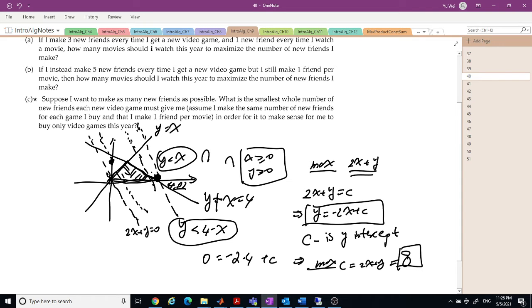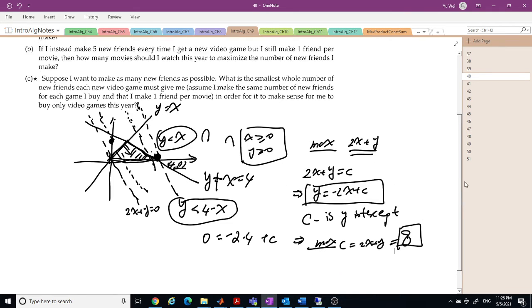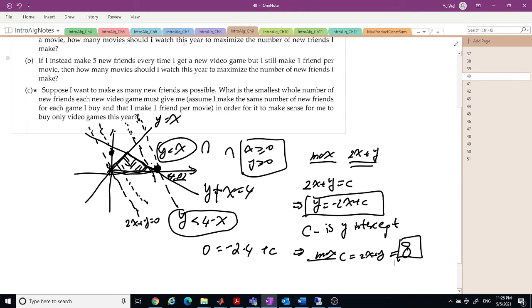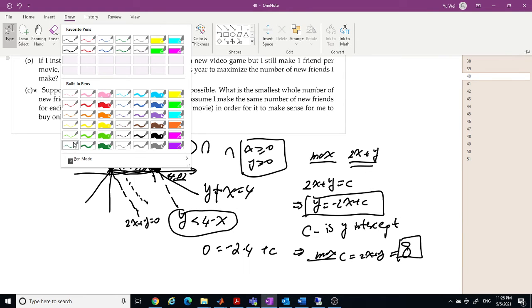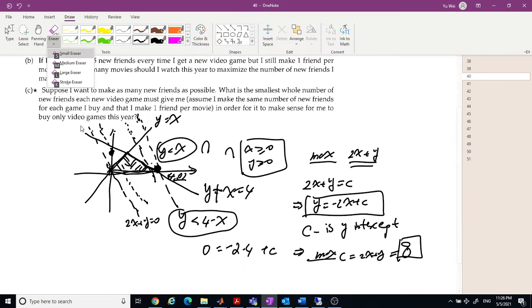Okay, so this is a general problem. This is how we solve for the maximum of a linear combination if given a bounded region. Now let's see this problem.